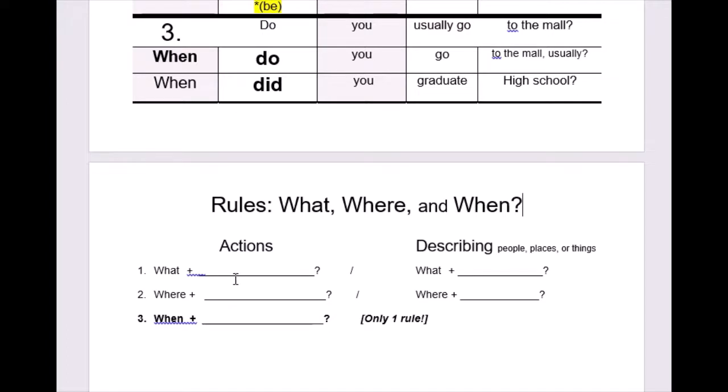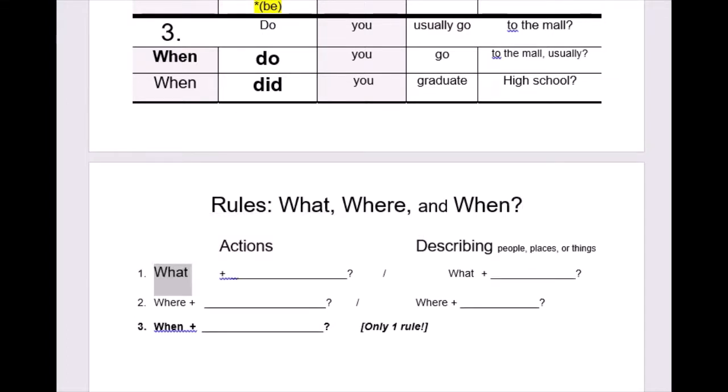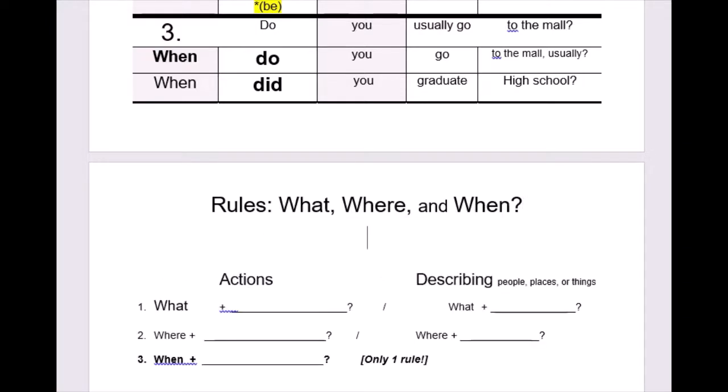Okay, so if I'm asking a what question, and I'm asking about actions, what I need from you is the question word. Well, what, where, and when are the question words. I also need the helping verb.